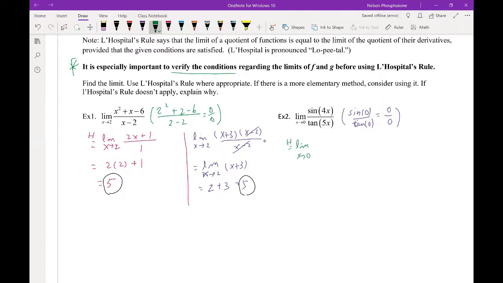The derivative of sine of 4x is 4 cosine of 4x, all over 5 secant squared of 5x. And then, of course, we could use direct substitution. So I have 4 cosine of 0 over 5 secant squared of 0.